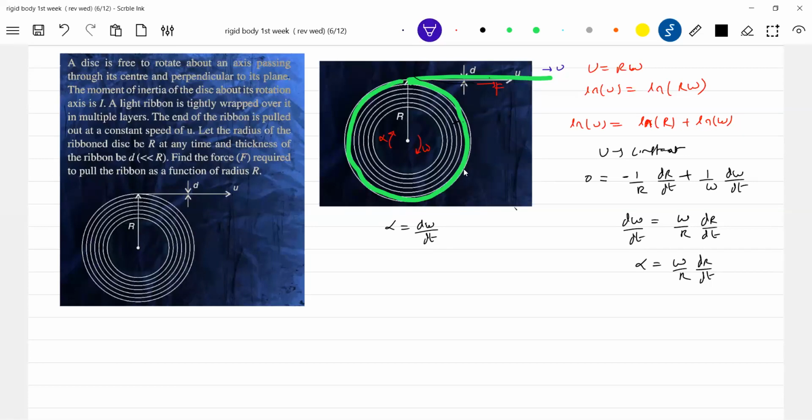Okay, it's color, no? So I'll do one thing. dm1, dm2. So that dm1 should be equal to, so what is dm1?